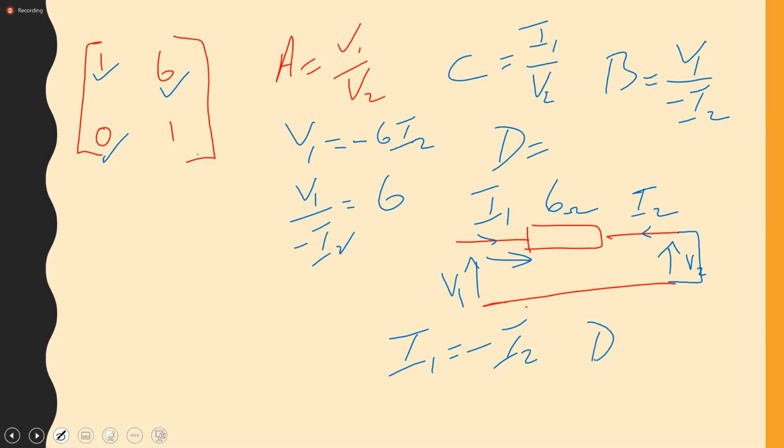So D is equal to 1. So that's it. Ladies and gentlemen, first principles. Now you have me worried whether or not you have done justice to Networks 1. I will leave it at that.